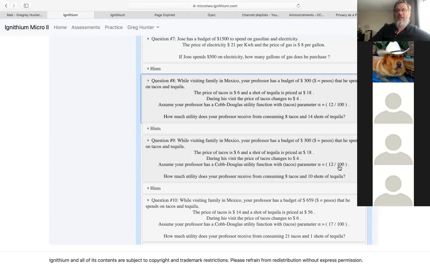Our alpha here is 12 over 100, or 0.12. And we're talking about tacos and tequila. So let me do a new share. I'll do the whiteboard here, and I'm going to have to put down the chat and close that up.